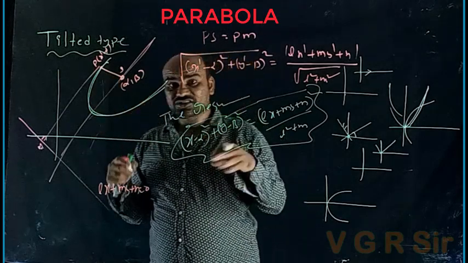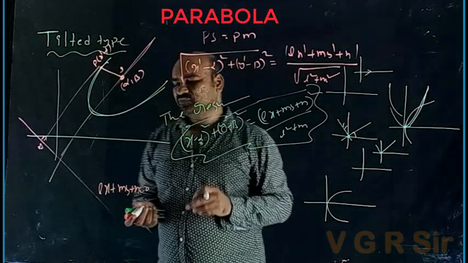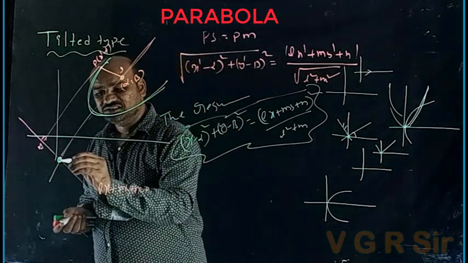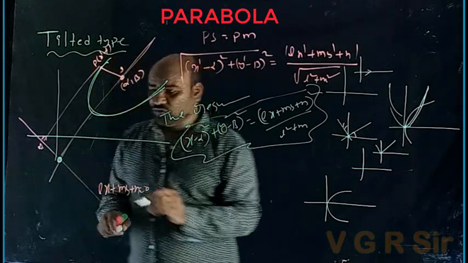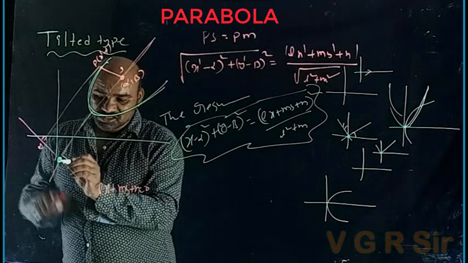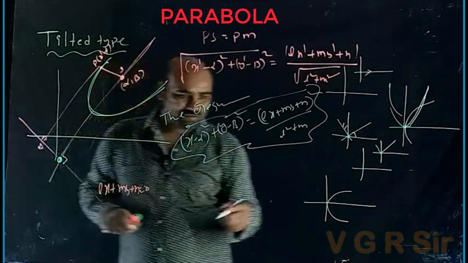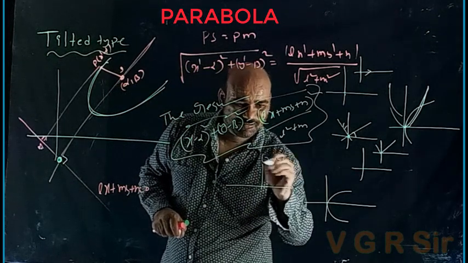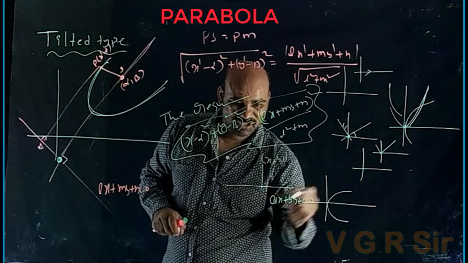Next, how to find the other things. First of all, we can find the foot of the directrix. How to find the foot of the directrix? This is the foot of this point with respect to this line. Already we have the foot formula. This is say (x1, y1), and this is ax plus by plus c equal to 0.